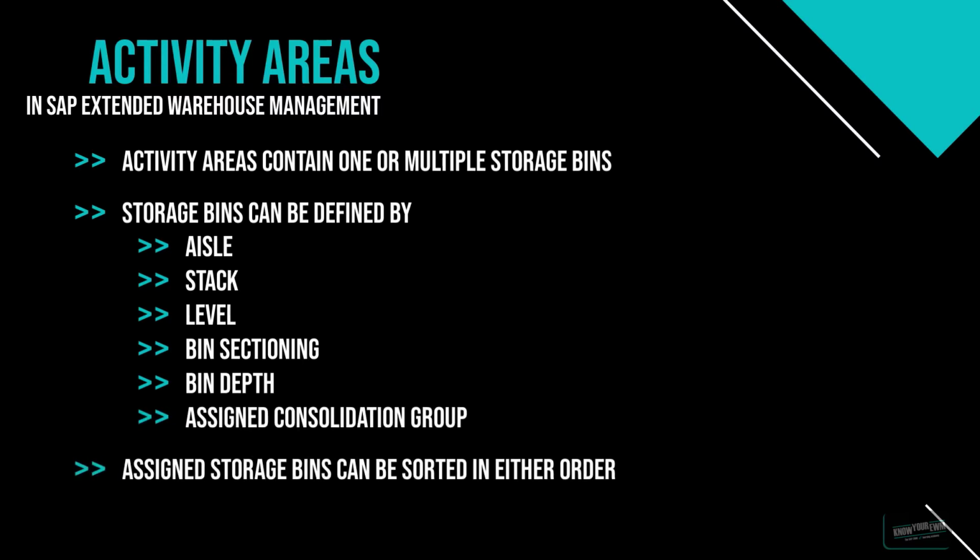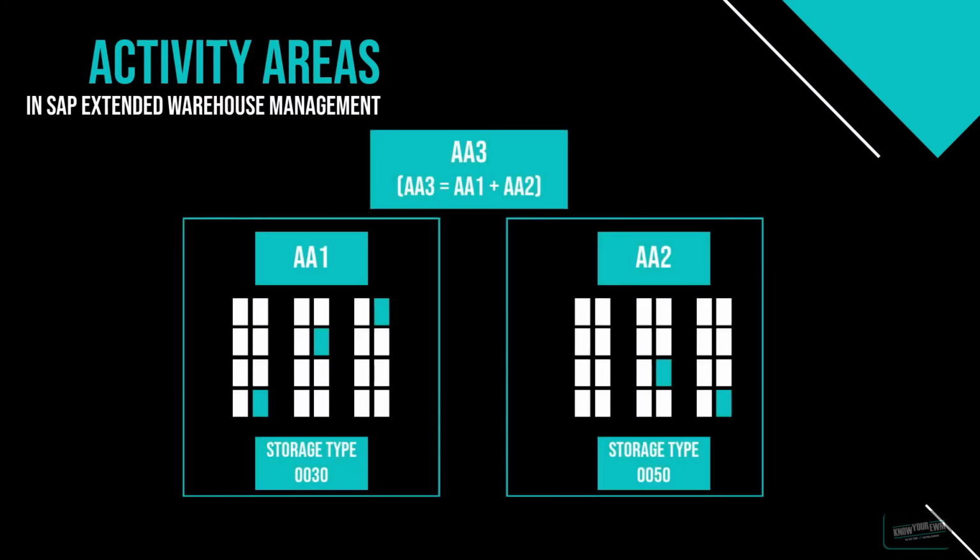And the assigned storage bins can be sorted in either order. Such an activity area assignment can, for example, look something like this. We refer to this as a so-called concatenated activity area, because it combines separate storage types and their respective activity areas as a whole to one activity area covering them both.